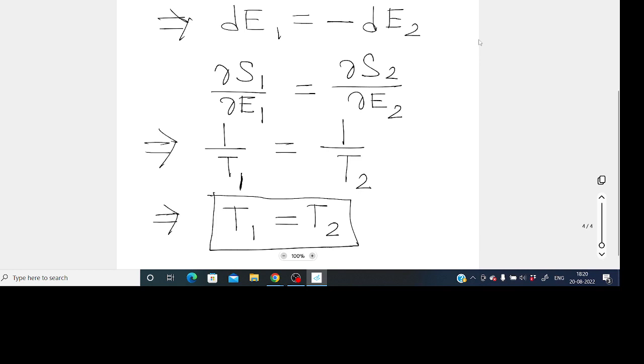We all know this. Similarly, using V1 plus V2 equal to constant, you can show that P1 equal to P2 at equilibrium, which means the pressures of the two subsystems are equal at equilibrium. This equilibrium is called mechanical equilibrium.